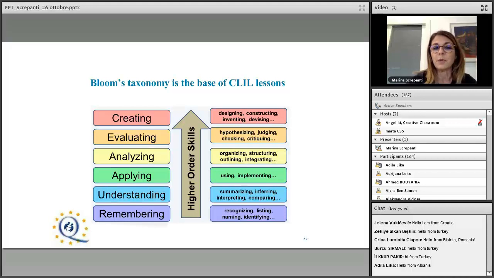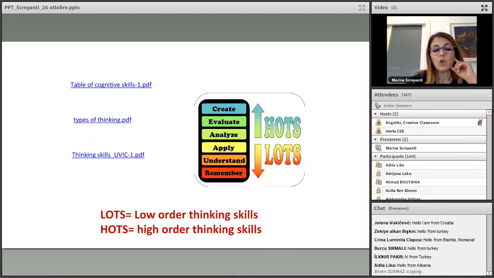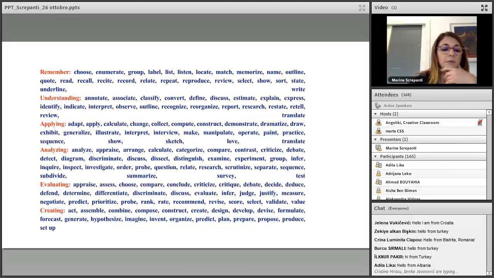So this pyramid is fundamental to CLIL. Every lesson must start from the base and go to the top. Normally we say that we start from the LOTS, the low levels of thinking skills, and we must go up towards the HOTS, the high levels of thinking skills.